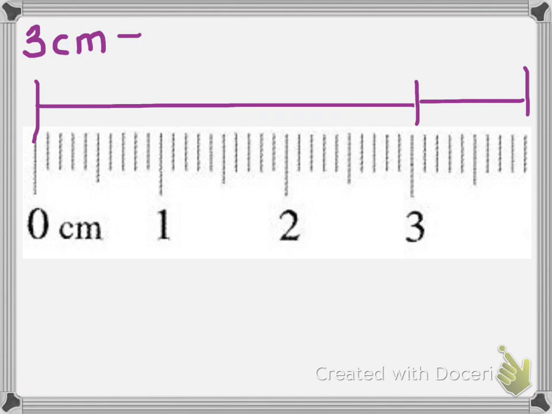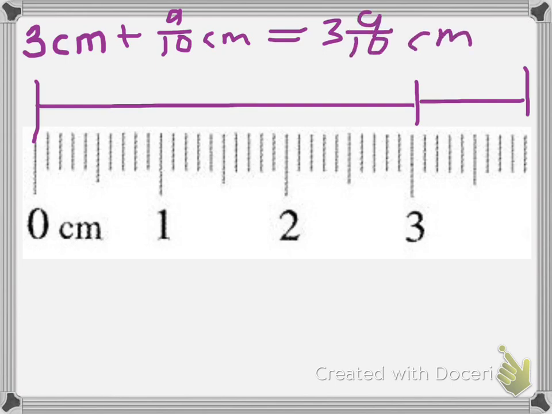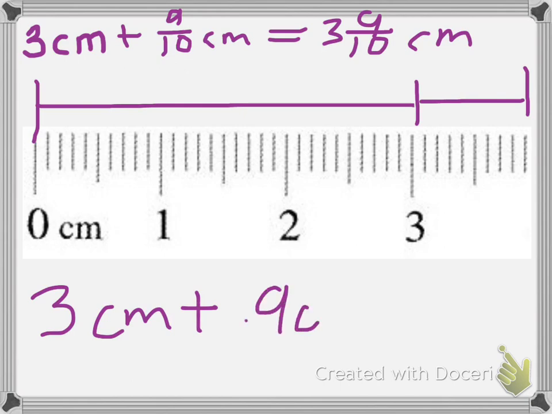So this time I have 3 plus 9/10 centimeter, which gives me my mixed number. And I can also say it in decimal form, which equals 3.9 centimeters. Okay, so a little practice on that.